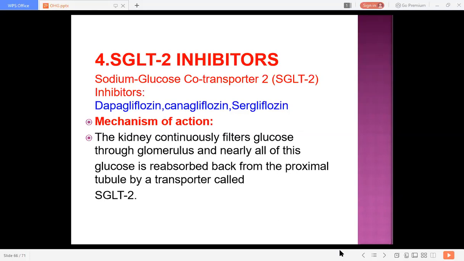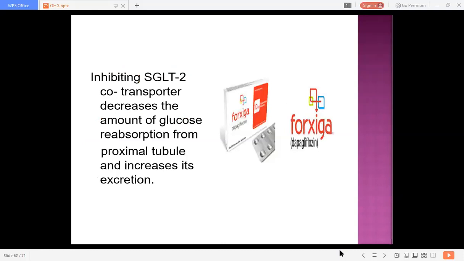Mechanism of action: the kidney continuously filters glucose through the glomerulus, and nearly all of this glucose is reabsorbed back from the proximal tubule by a transporter called SGLT2. Inhibiting the SGLT2 cotransporter decreases the amount of glucose reabsorption from the proximal tubule and increases its excretion.